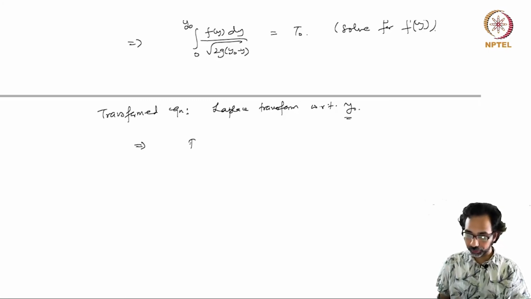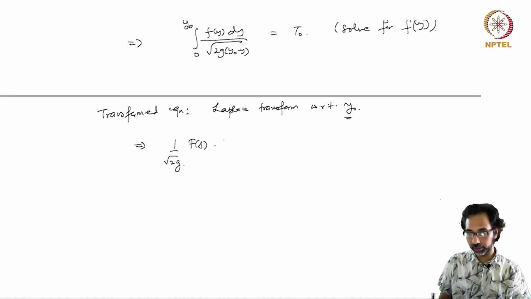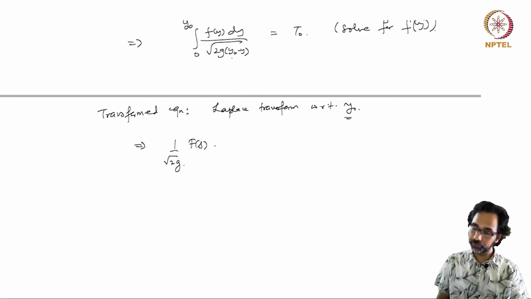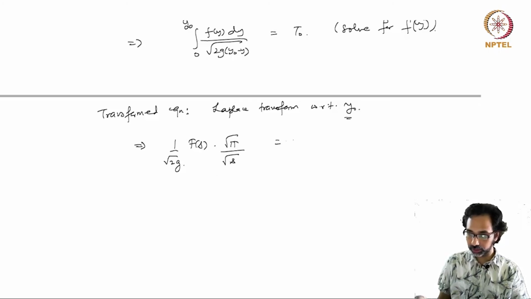So then we will get F of s, and then we will have a square root of 2g factor, and you will get the Laplace transform for 1 over square root of t, which is square root of pi over square root of s, and on the right hand side you will get T0 over s.